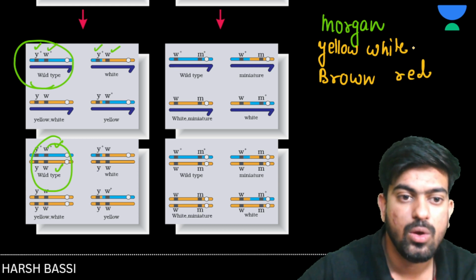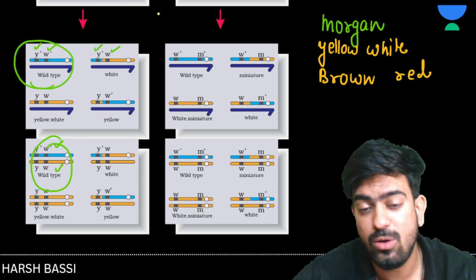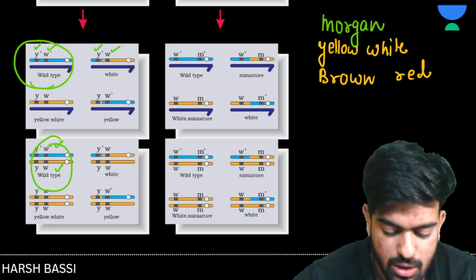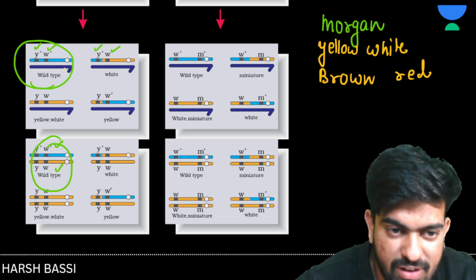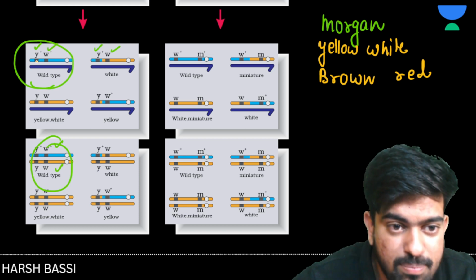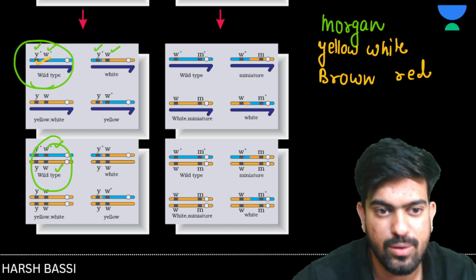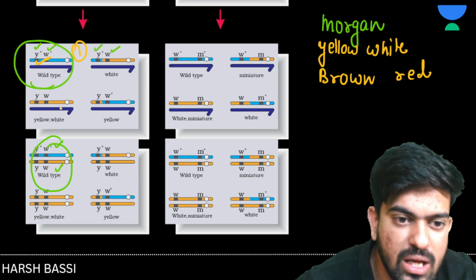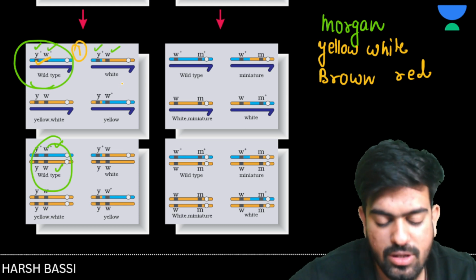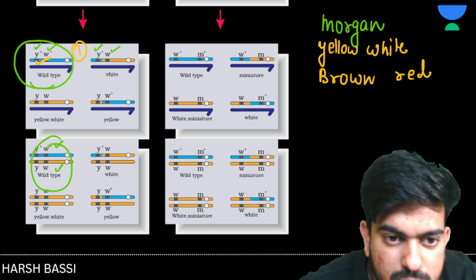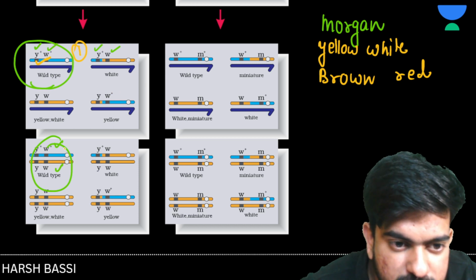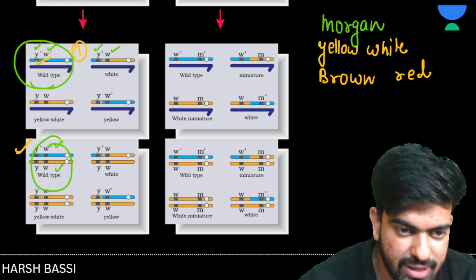Here, where can you find yellow white and brown red? See, for the yellow white, we have y plus w plus. For the brown red one, here we have. Okay, now see, again for y plus w plus, let's search y plus and w plus. This we have, right?